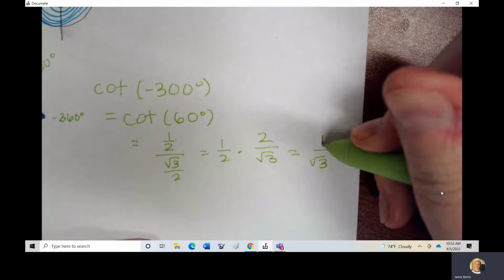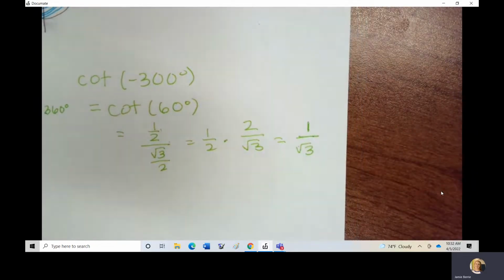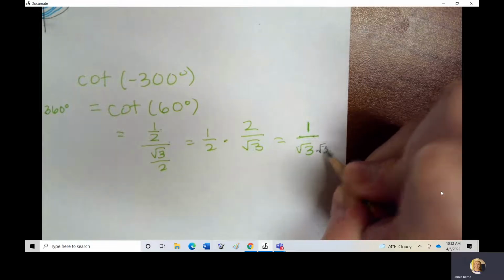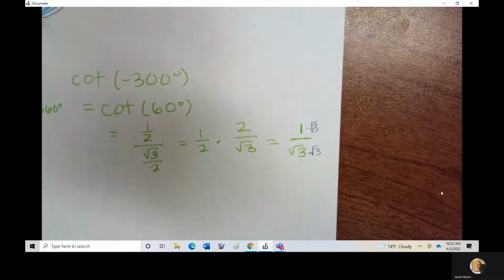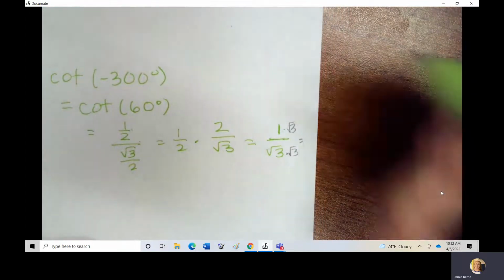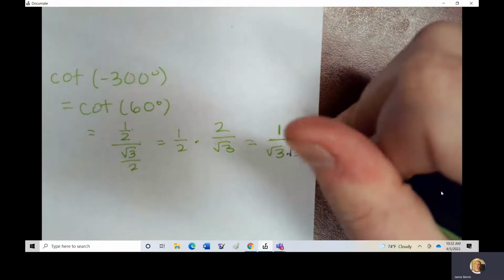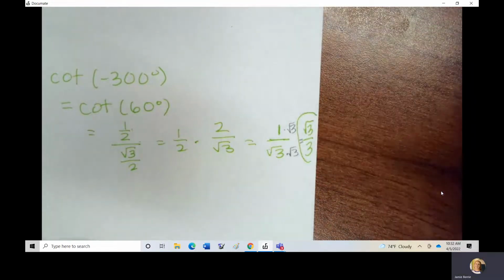If you wanted to rationalize the denominator and get that radical out of the denominator, you would multiply the top and the bottom by square root of 3. That's going to leave you with square root of 3 over 3. There's your answer.